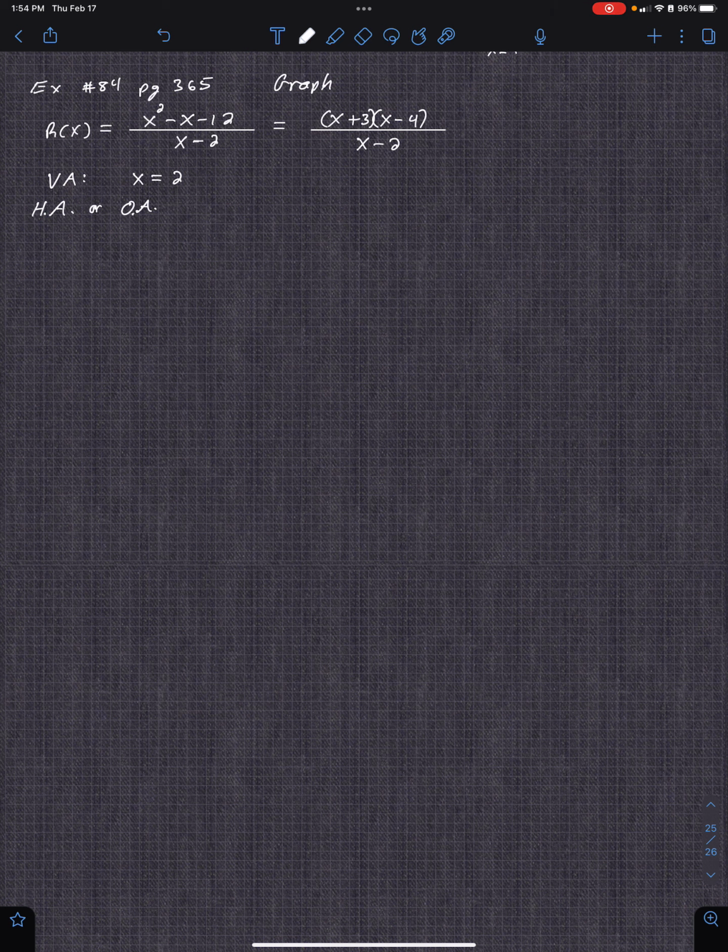Now let's look at the degrees of the numerator and the denominator. So the numerator has degree 2, denominator degree 1, so it's 1 larger. So since it's 1 larger, we end up with an oblique asymptote. So in other words, we can write down n is equal to 2, m is equal to 1, and we know that's 1 larger on the numerator.